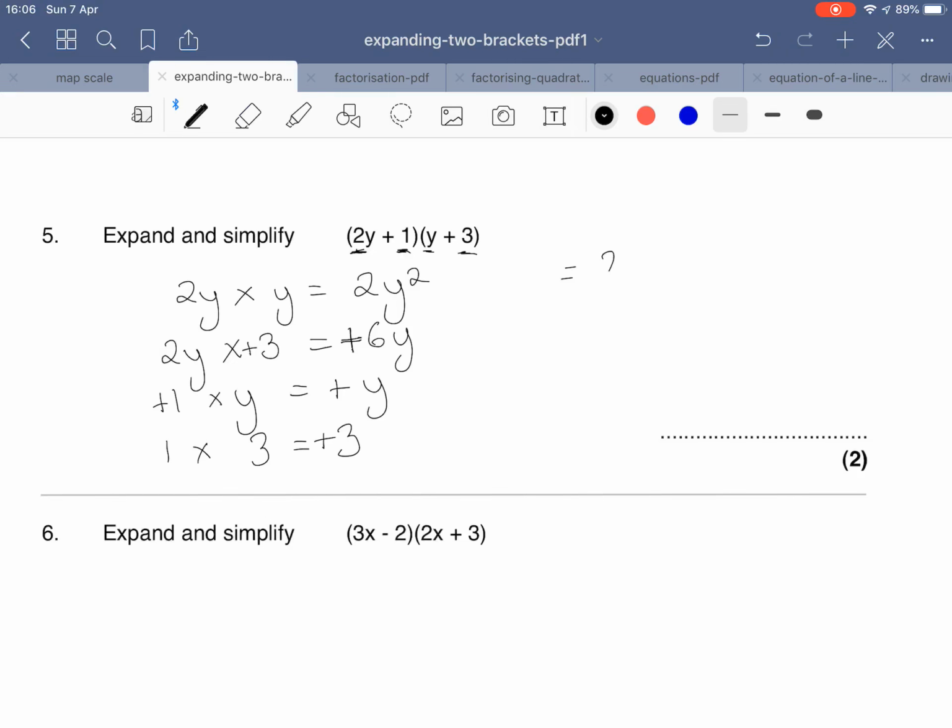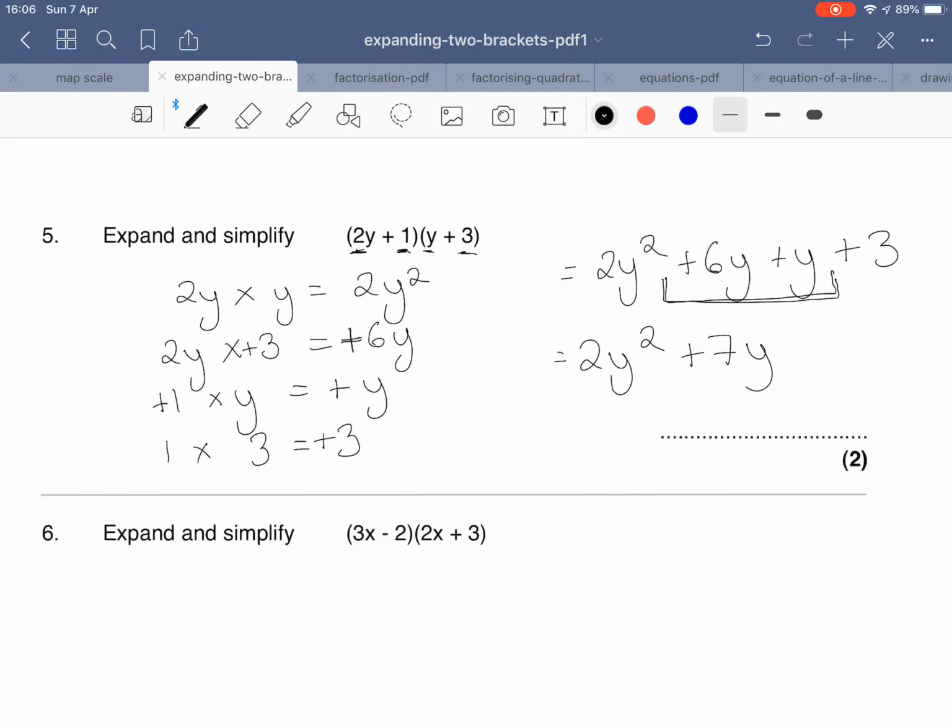So collect them. I've got my 2y squared plus 6y plus y plus 3. You can only collect these ones, you can only simplify these middle ones, remember. So we got 2y squared plus 7y plus 3.